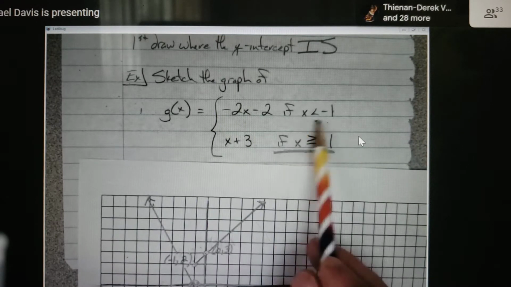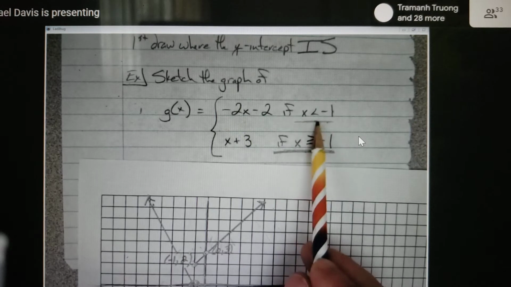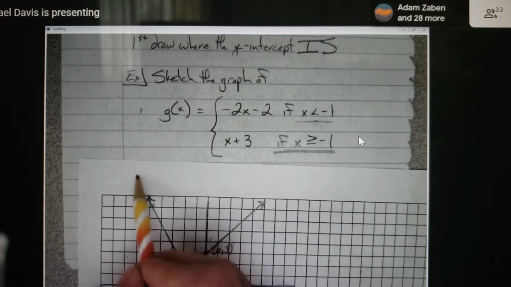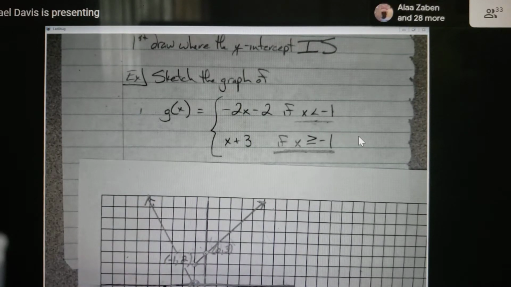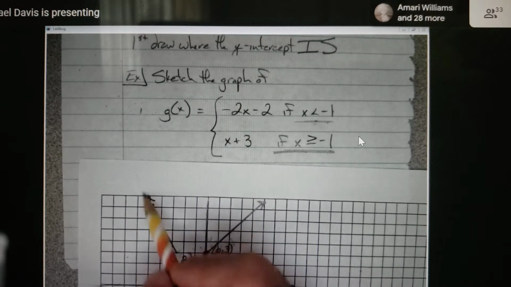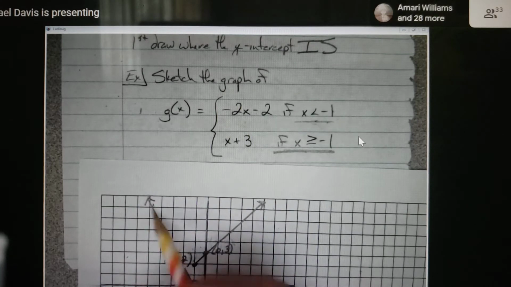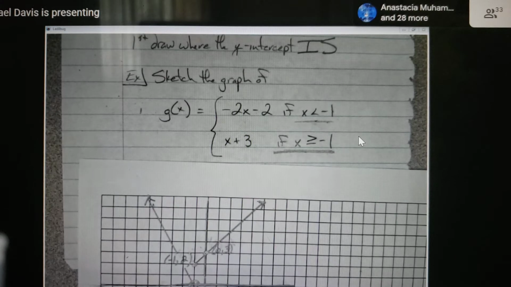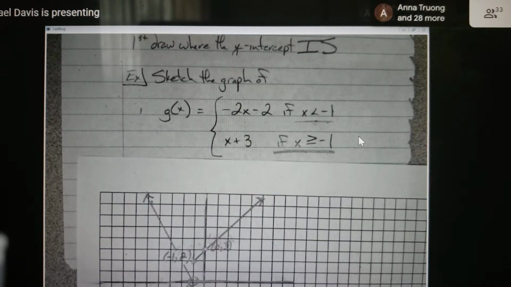This tells me I'm only drawing the line with the negative slope if my x-coordinates are less than -1. So that's -2, -3, -4, -5, -6. I would only have this graph when my x-coordinates are getting smaller and smaller. So that means, yes, my arrow would be pointing to the top left, but my slope for that line would still be negative, because we read the graphs from left to right when we're talking about slope. Does that answer your question?